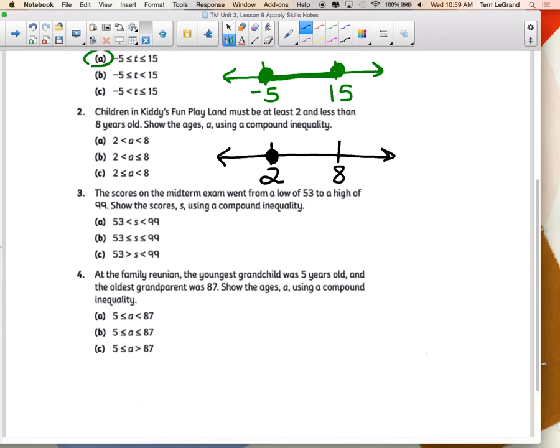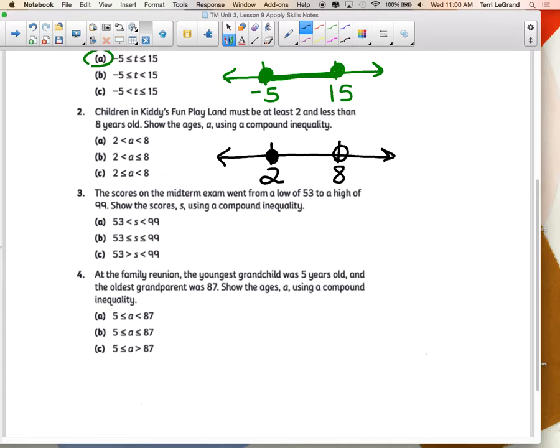If I have an 8-year-old grandchild, which I happen to have both of these, a 2 and an 8-year-old, can that 8-year-old go in there? No, because what does it say? Less than 8. Oh, I'm sorry, Truman and Aubrey, you don't get to go. But Emily does. And maybe Monty does. We'll see. Monty's 5. I wonder if he gets to go.